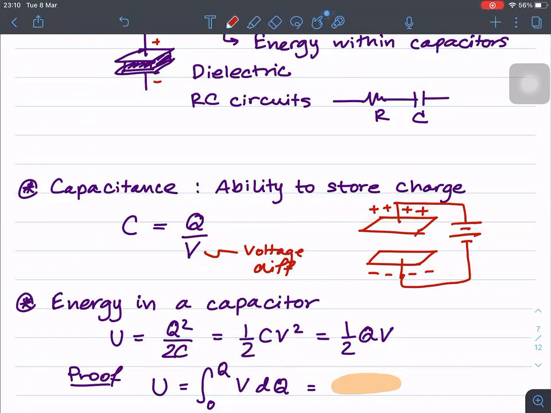So here we are saying that the capacitance would be the ability of the system to store charge when given a potential difference of 1 volt.